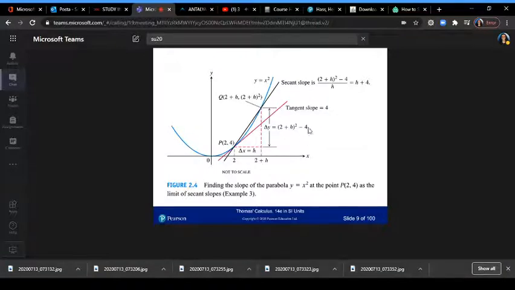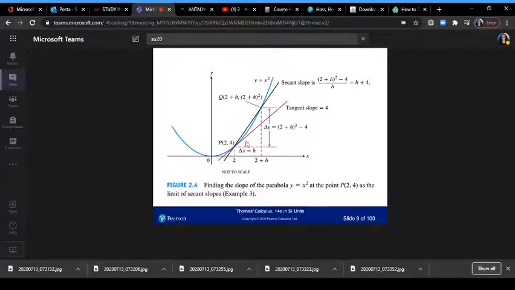How would you do that? We have the function, right? f of x is equal to x squared, so we put it in. At 2 plus h, the value is (2 plus h) squared. So this is f of 2 plus h minus f of 2, over h. This is the slope of the secant line, which is h plus 4. Of course, delta x is h.